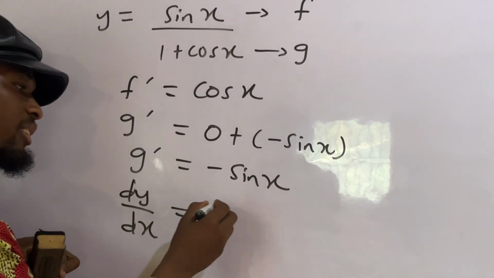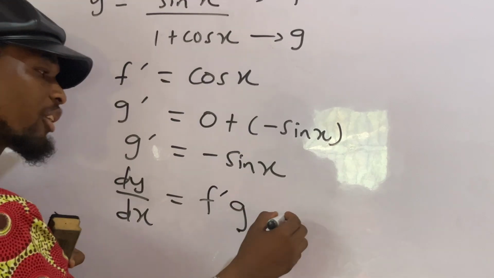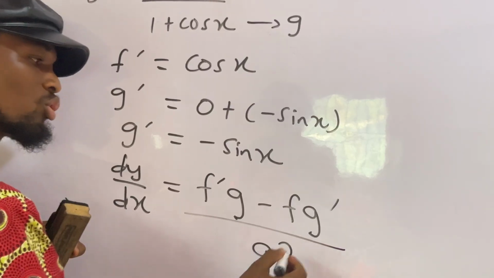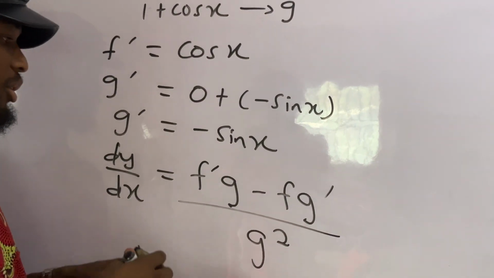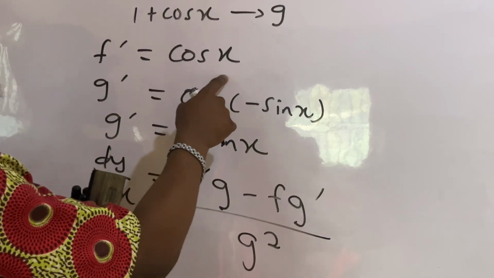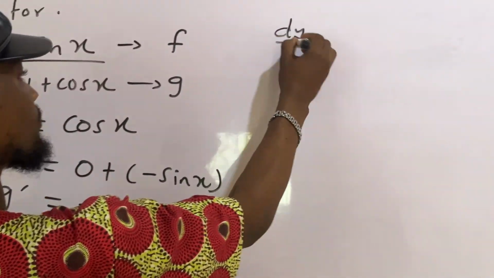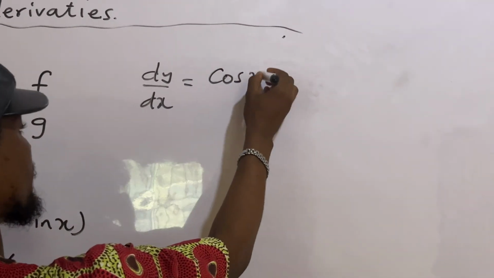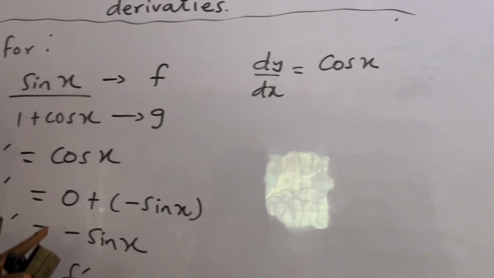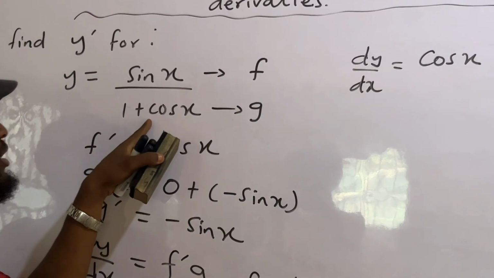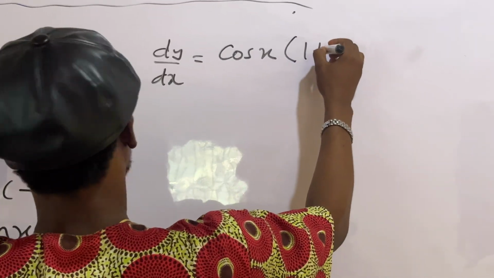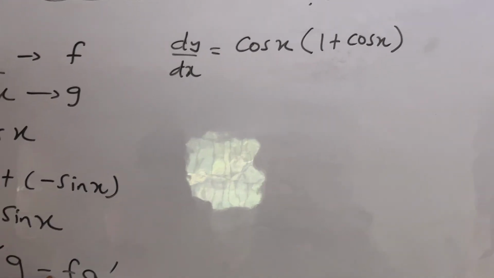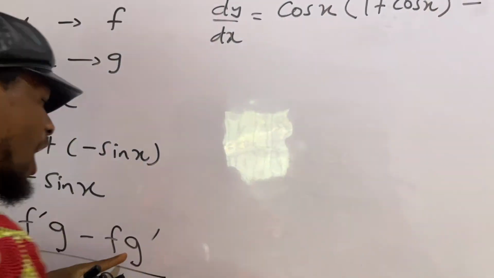Now if I differentiate y, I have dy over dx, which is equal to, the quotient rule states, f prime times g minus f times g prime all over g squared. What is f prime? F prime is cos x. So I have cos x times my g, which is 1 plus cos x, then minus f.